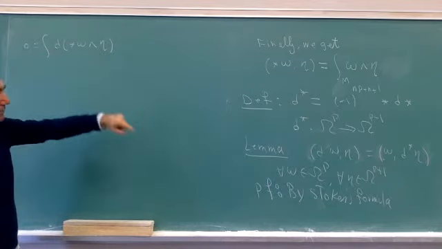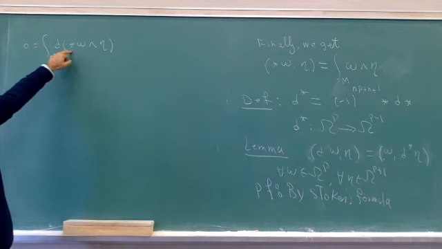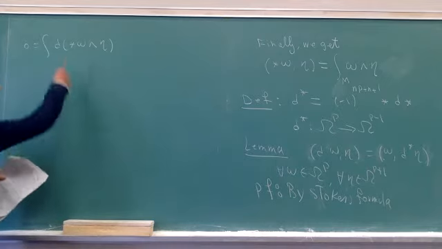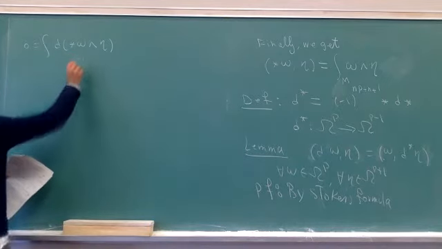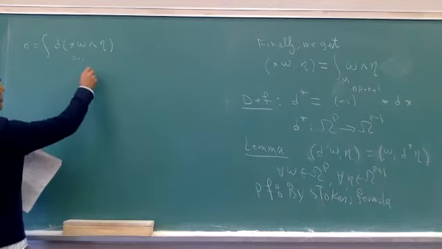Now, in terms of my choices, is that consistent with my choice over there or not? Star, I'm assuming omega, so where is this now? Omega, so this is a p minus 1 form, right? And that eta is a p plus 1 form.